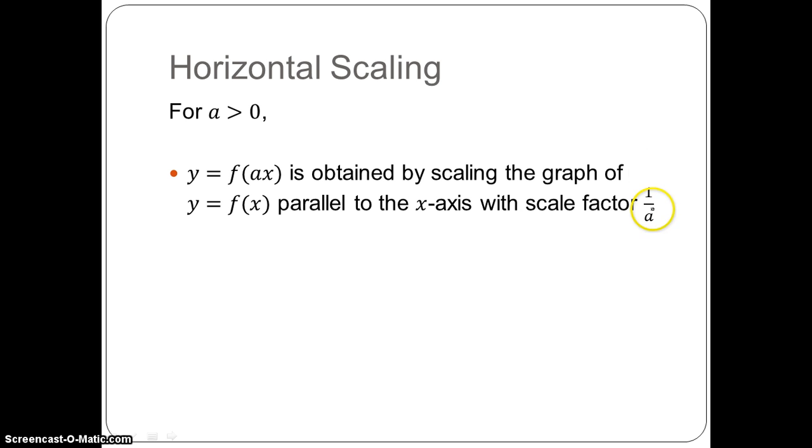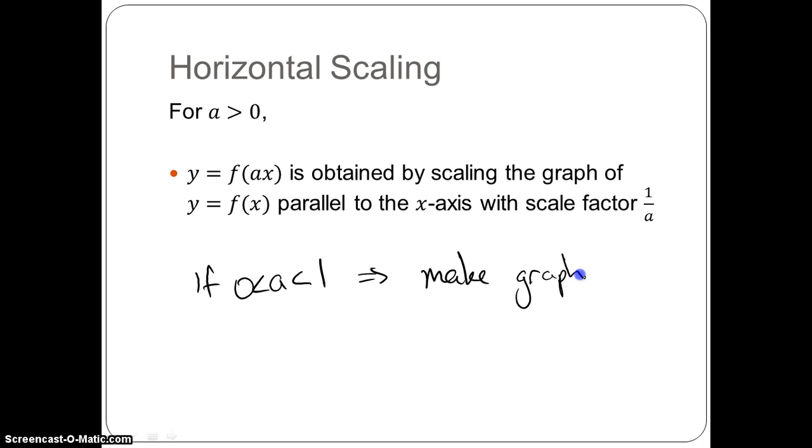In particular, if a is between 0 and 1, so if a is a fraction, then this will make our graph bigger, or stretch it out wider. It'll stretch it out along the x-axis. And if a is bigger than 1, it compresses the graph.